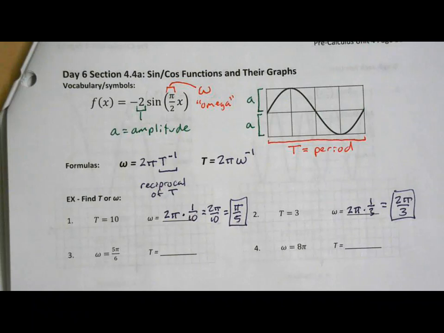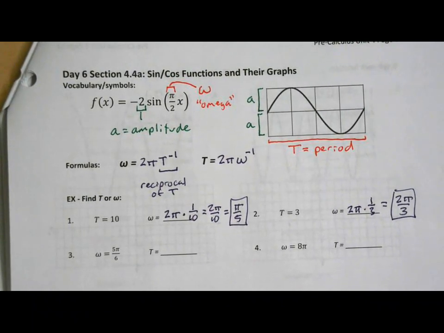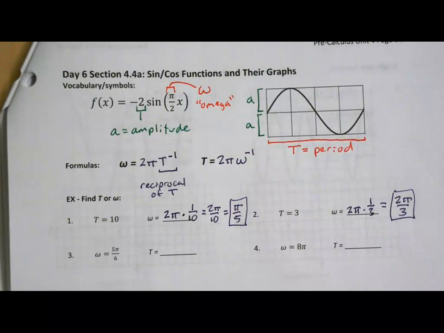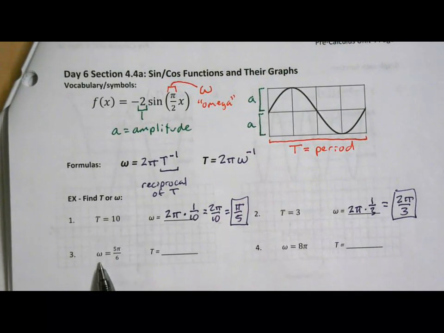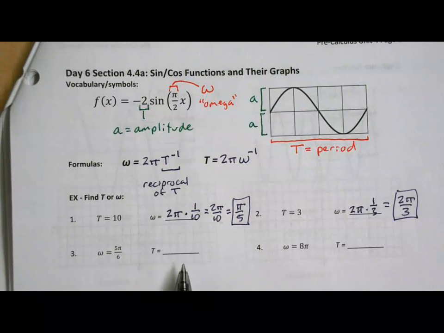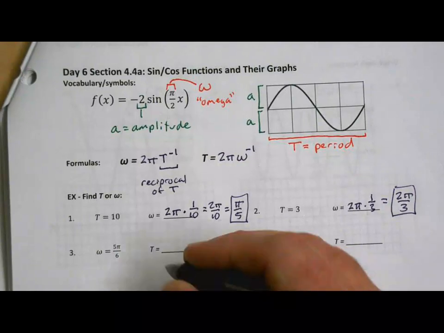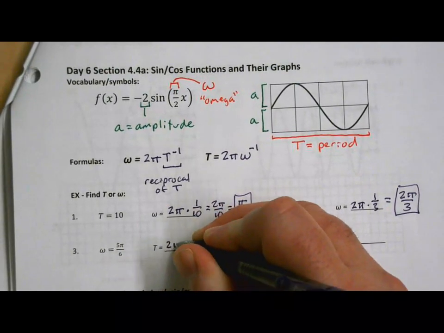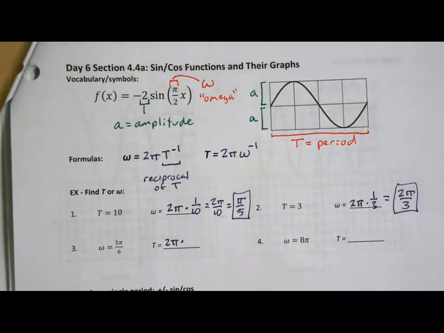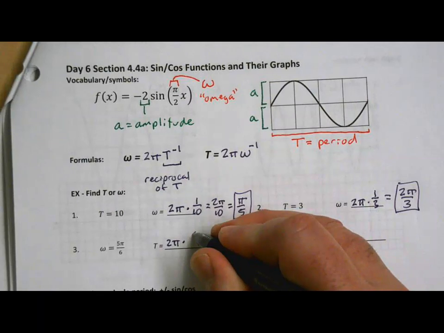All right. What if we've got omega and we're trying to find the period? This situation would be I'm looking at an equation and I want to make a graph and I want to know how wide to make my period. So same idea, 2 pi times the reciprocal of omega. So flip that fraction on its head.